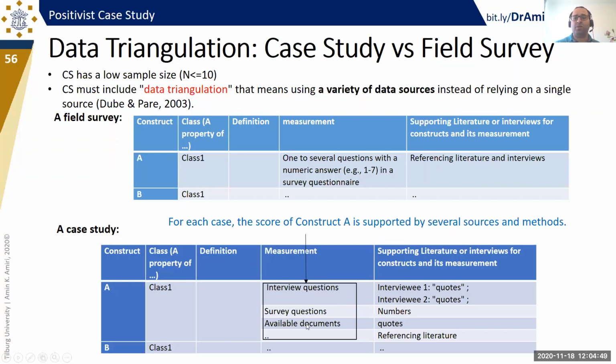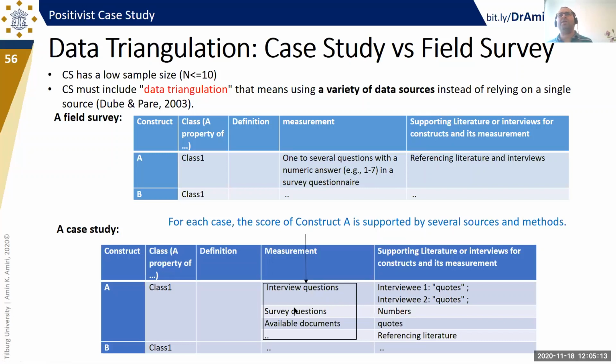You also need to gather more data, to ask more questions, to check for secondary data, to ensure that if that person said that the alignment score is 5 out of 7, that is supported by other ways. So we're going to go to the detail of this.